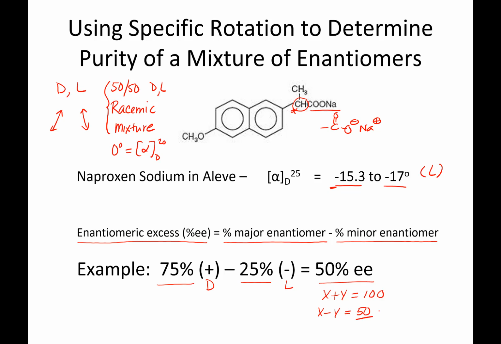You can do it in your head by just starting to guess numbers. Or you can add the 2 equations, where I now get 2x equals 100 plus my enantiomeric excess, and then solve for the major component. And then the minor component is going to be 100% minus the major component. There's lots of ways to do this. I do not believe I used an easy method in the next slide to do that, but we can.